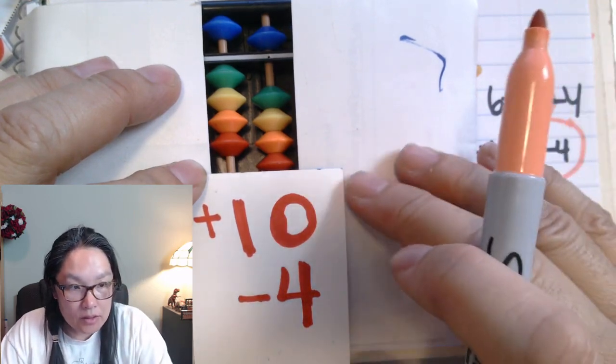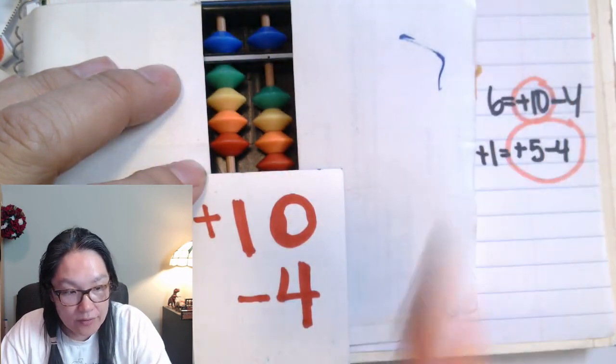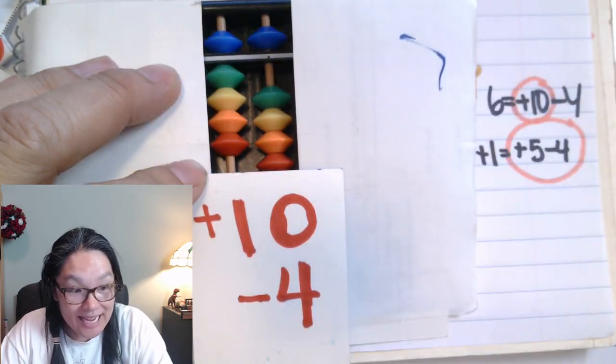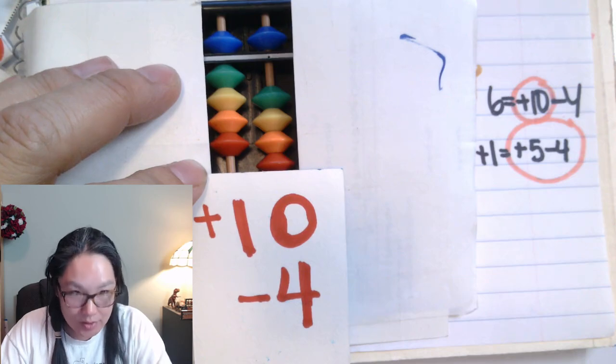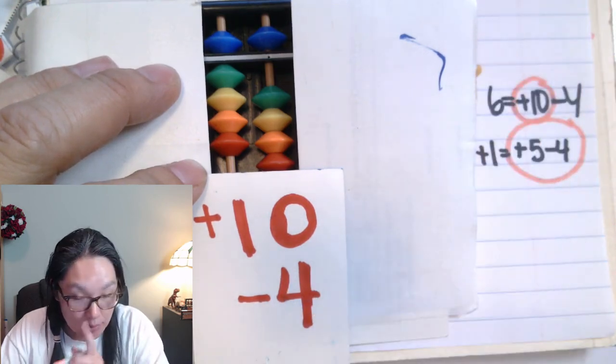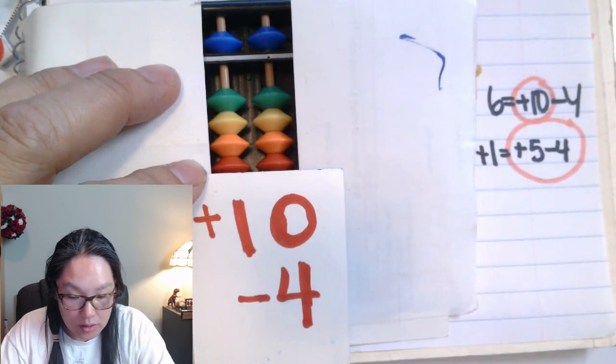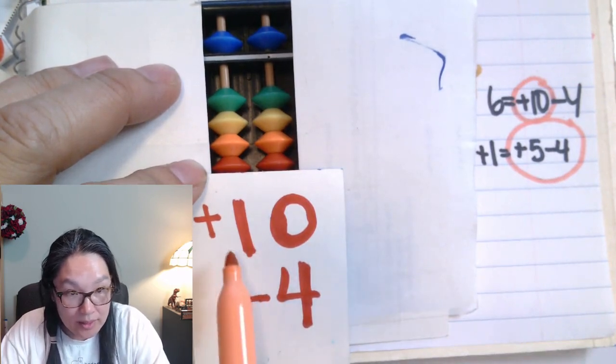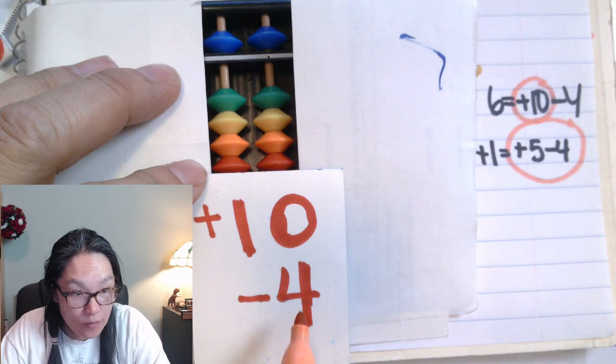Okay? So what we're going to do is we're going to plus the 5. Yeah. There are 2 substitutions. This is why it's a tricky number. And we take away the 4. We're done with this 1. Now the question is minus the 4.